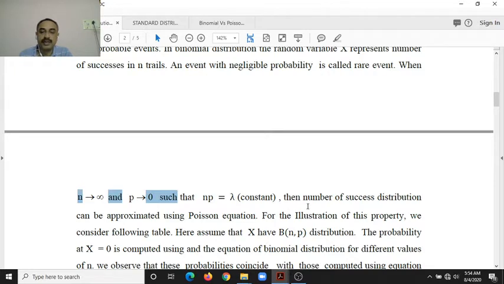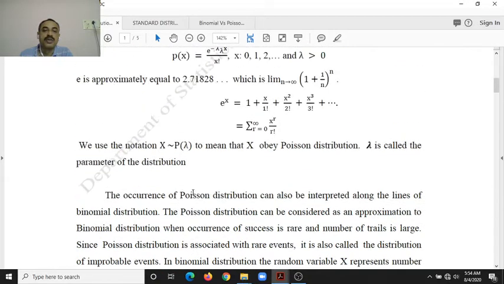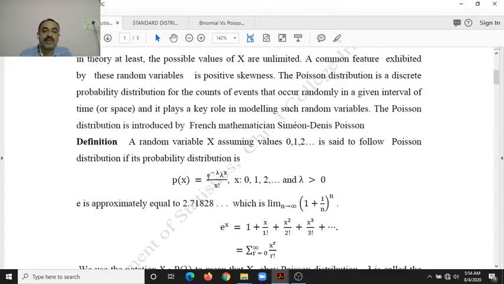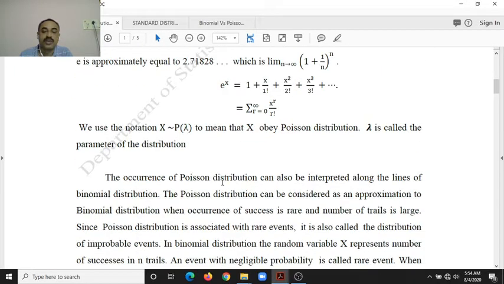Then the number of successes distribution can be approximated using the Poisson equation. Naturally, the number of successes is considered to be a variable following binomial distribution. But when these two conditions hold, then the number of successes can be approximated using the equation of Poisson distribution, which is given by e raised to minus lambda, lambda raised to x by x factorial.